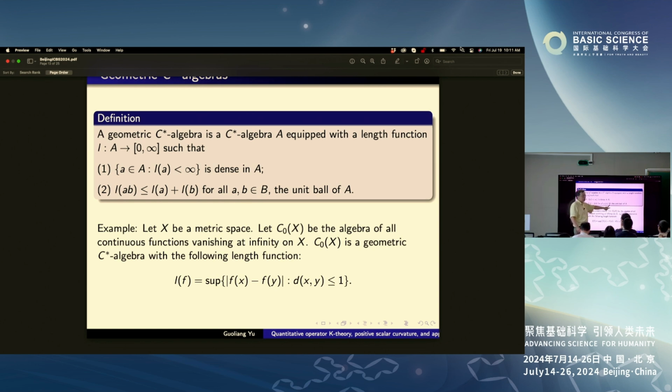Earlier, when I was working with my collaborator, we did not have this condition, but then I realized that for the examples we are interested in, we only have it for elements in the unit ball. Here is a very concrete example: the algebra of all continuous functions. This is a commutative C-star algebra, and it has a very natural length function. It is about regularity; it is essentially the first order derivative.